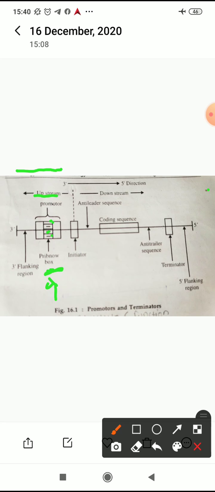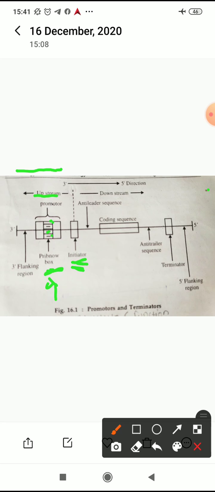When RNA polymerase reaches the coding region, only then does protein synthesis or enzyme synthesis start. Now, the initiator, or initiator region, or operator region. See here, this is the initiator.